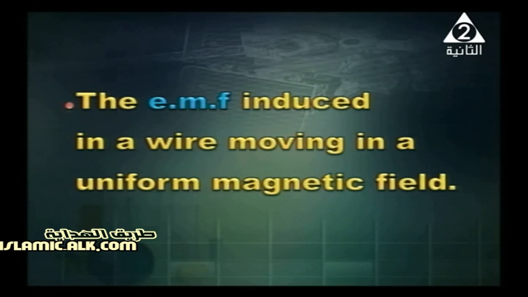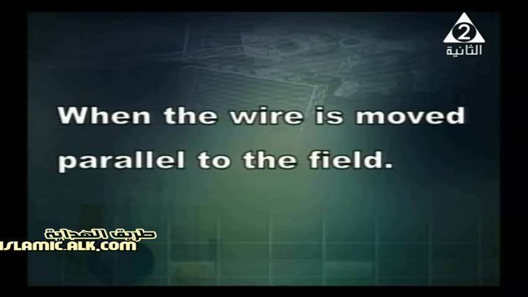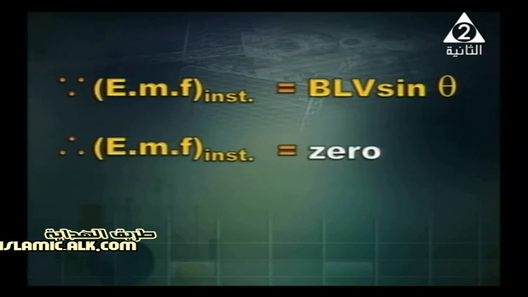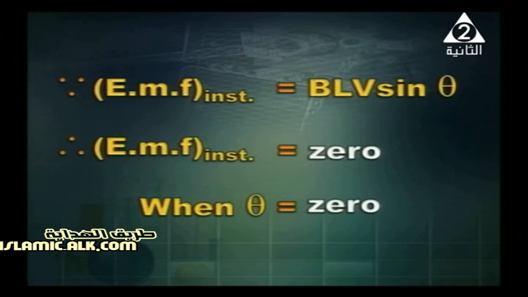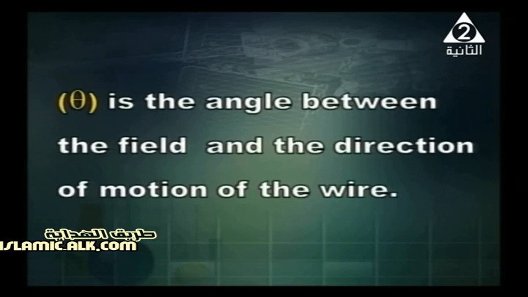A wire moving in a magnetic field, but no EMF is induced. The wire must be moved parallel to the field. EMF induced equals BLV sine theta. So it will be equal to 0 when theta is 0 as sine 0 equals 0. And never forget, theta is the angle between field lines and direction of motion of the wire.